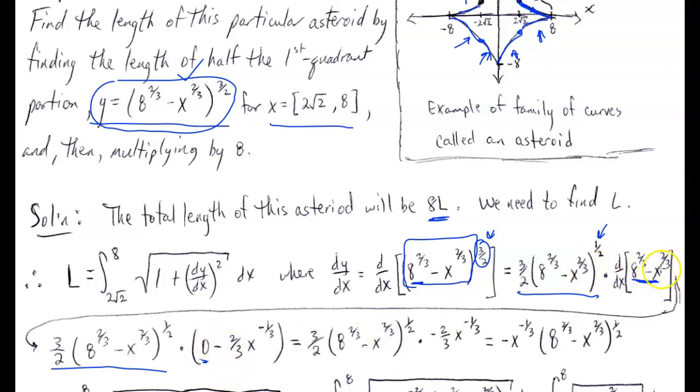Then we use the power rule for x raised to the 2/3, which gives us minus 2/3 x raised to the negative 1/3. From here, all we're doing is simplifying, and now I've got it into a form I can use for this formula.